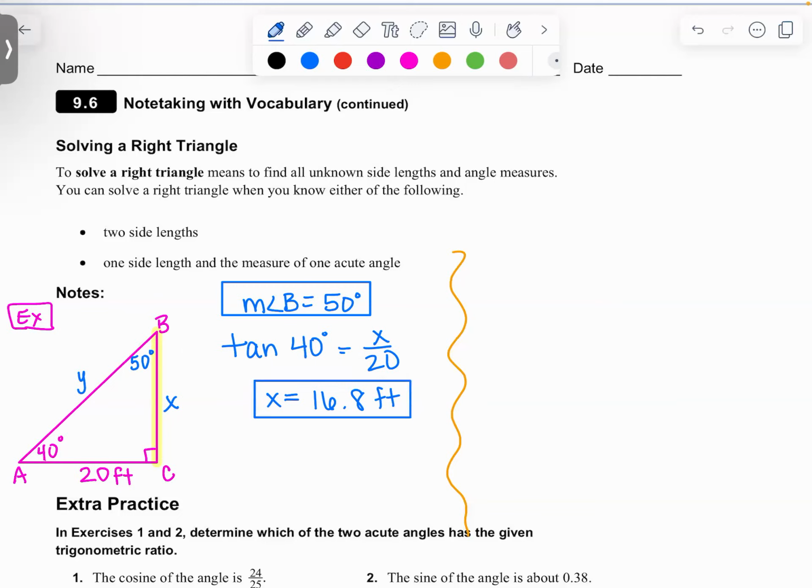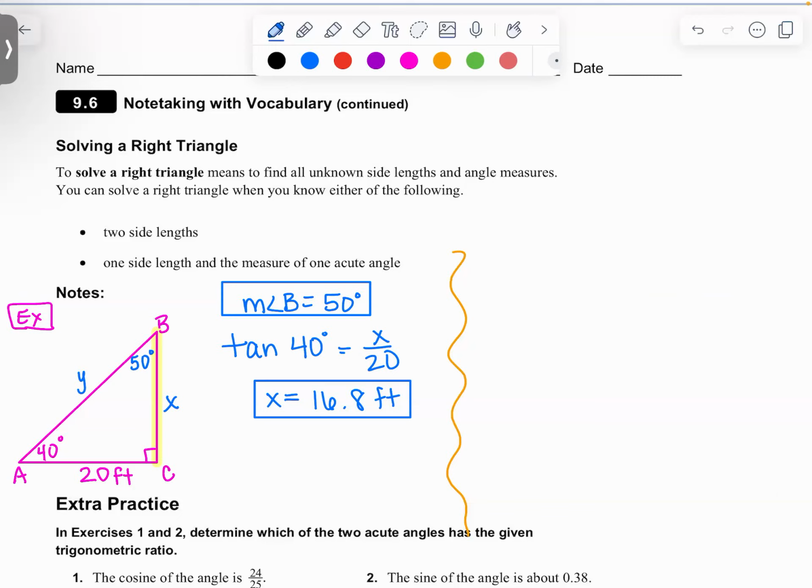So at this point, we could do one of two things. We could use Pythagorean theorem, or we could use another trig ratio, okay? Okay, Nora's saying, I'd rather do trig, it's easier. Okay, Clark maybe wants to do Pythagorean theorem. Okay, either way, we should get the same answer. Okay, which is the beauty of it.